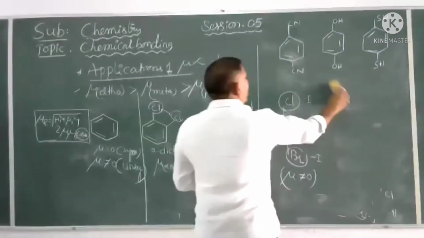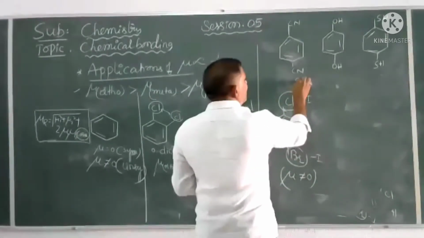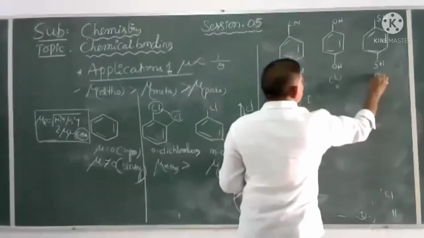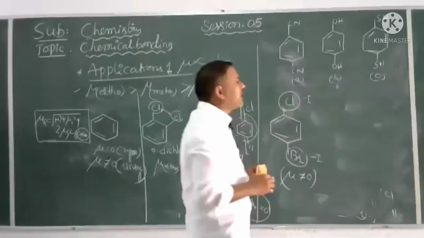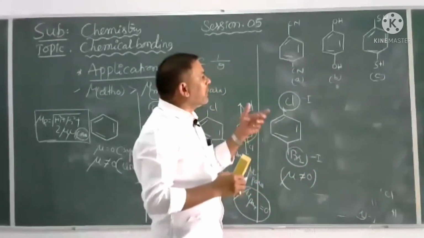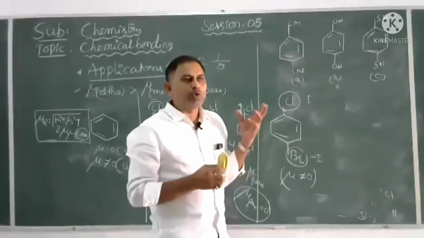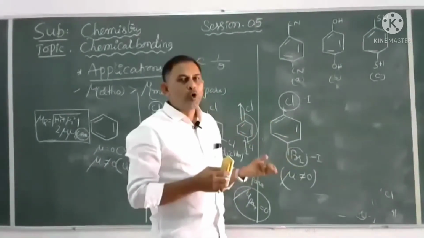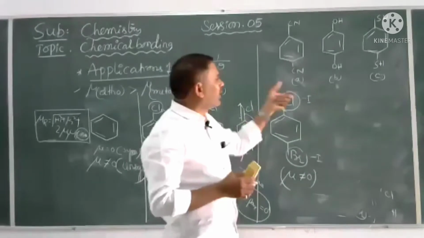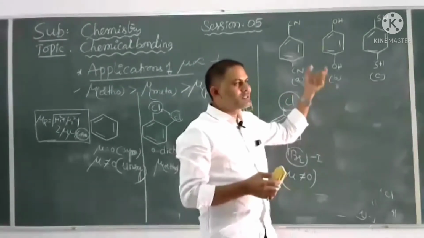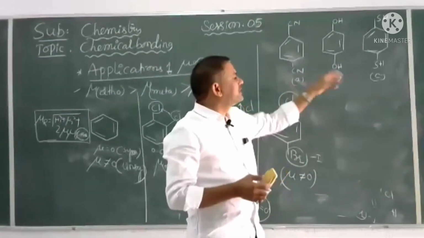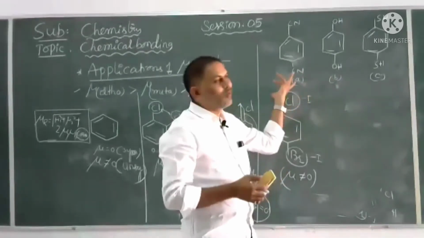Now given in the IIT examination, this is A, this is B, this is C. Among these three, how many compounds show a certain dipole moment? How many molecules are there? Identify it.